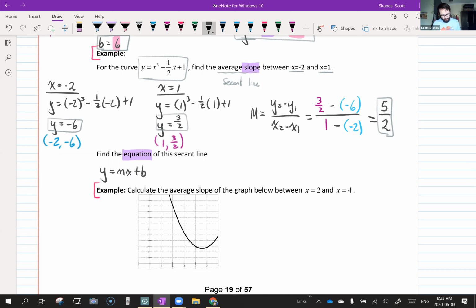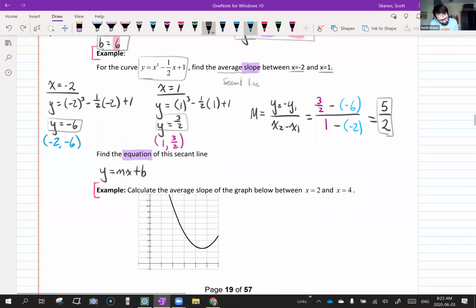So which point do you want to use? I think I want to use the one that doesn't have the fractions. Yeah, I'm going to use the first one. This one's a little bit uglier. Why would you choose to put a fraction into your question? Why not put in whole numbers? So I'm going to choose that one.